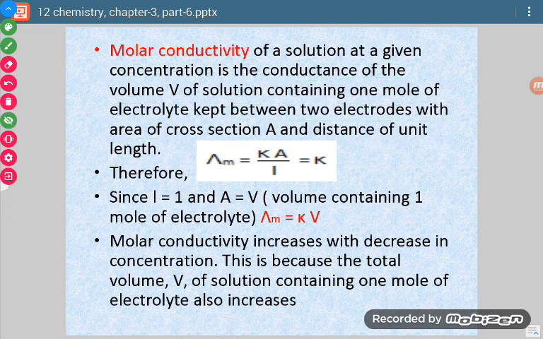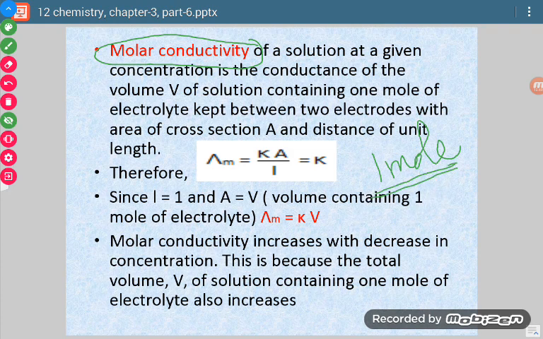Now see what is to be remembered: when we are talking about molar conductivity, this is taken for 1 mole of solute dissolved in a solution. If we take V volume, then V volume must have 1 mole of electrolyte.